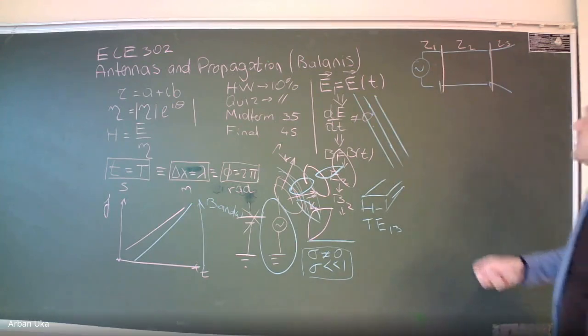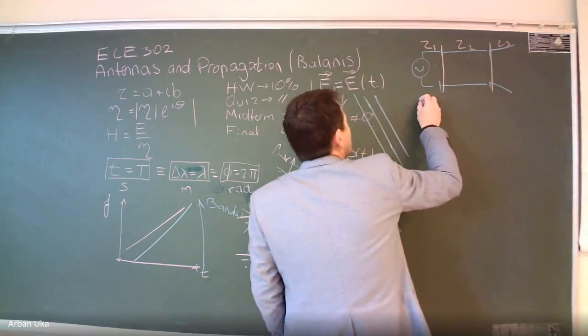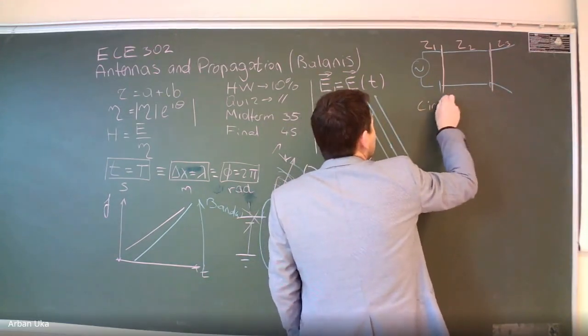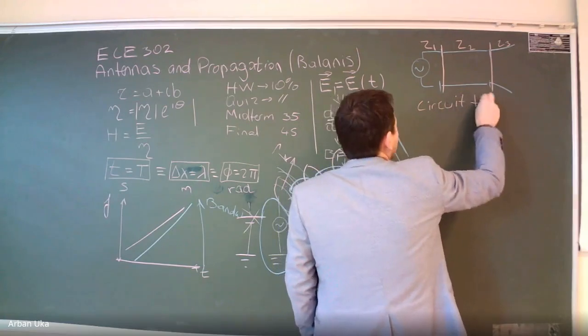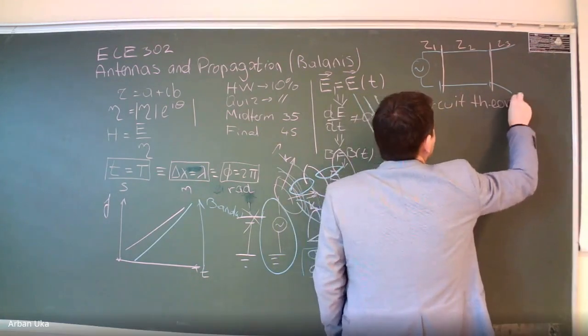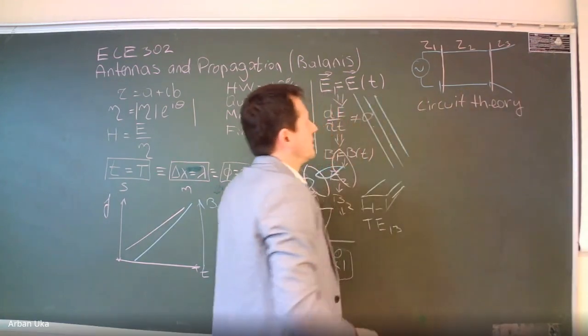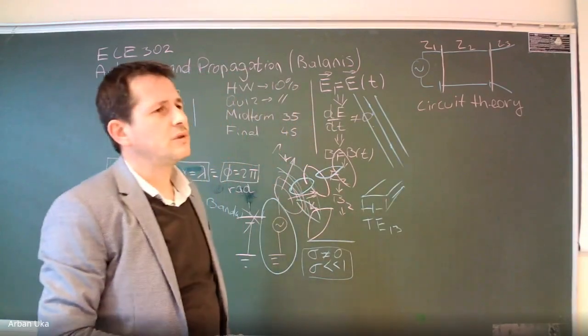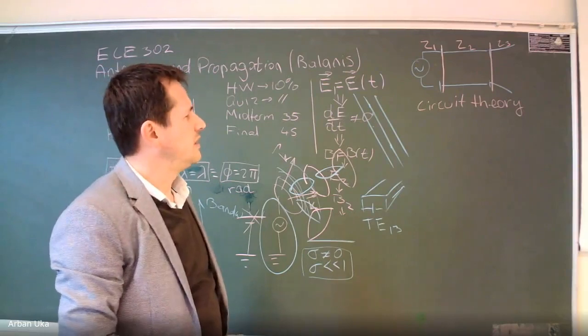Now, for this analysis we can use circuit theory, or circuit analysis. But discussing this in terms of circuit theory might be a little counterintuitive; we don't pick it up very easily.